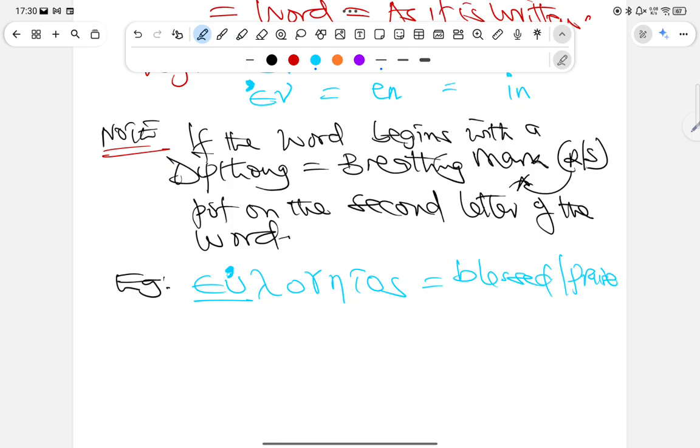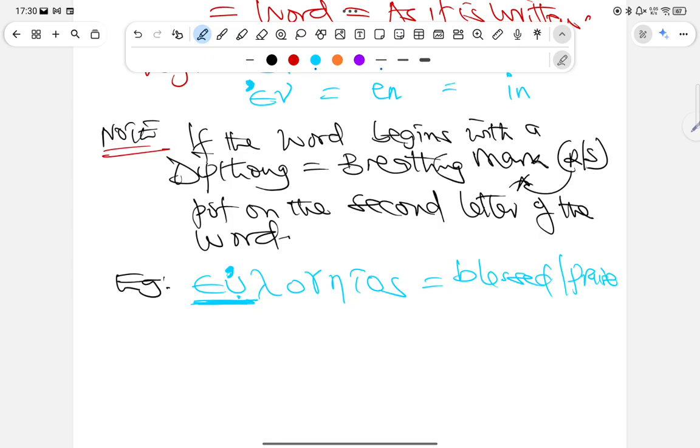But you get the point we're making: when it's a diphthong, the breathing mark appears on the second letter of that word, which is the second letter of the diphthong, part of the stem of the word.